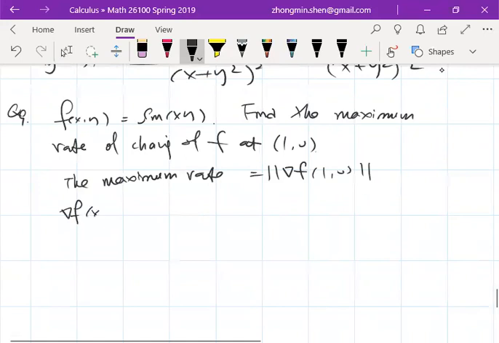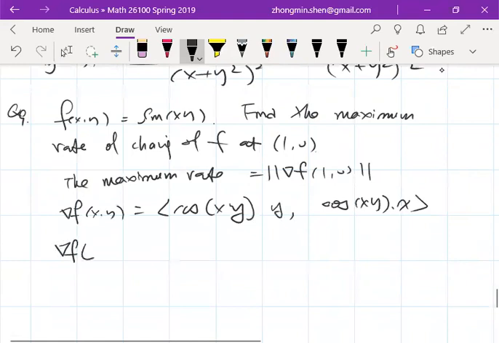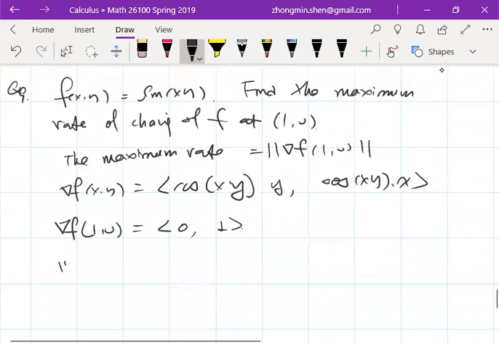The partial derivatives are cosine xy times y, and cosine xy times x. At the point (1, 0), that gives (0, 1). So you just say it's the square root of 0 squared plus 1 squared, which is 1.